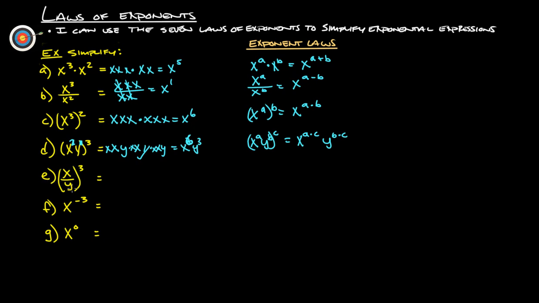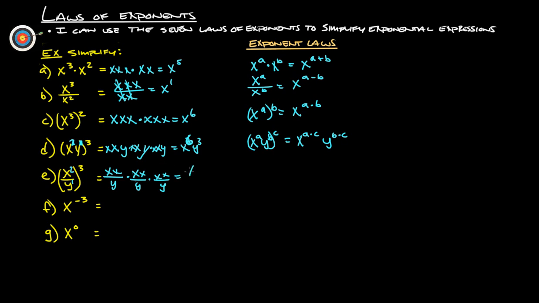X over y all to the 3rd power. Let's do the same thing here. Let's say this is x squared, and we'll leave that as y to the 1st. So x squared over y to the 1st, all to the 3rd power. So that's going to be xx over y times xx over y times xx over y, right? There's 3 sets of those.